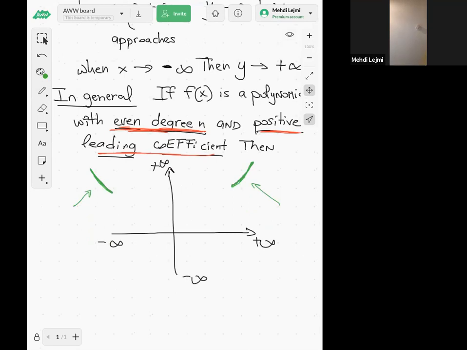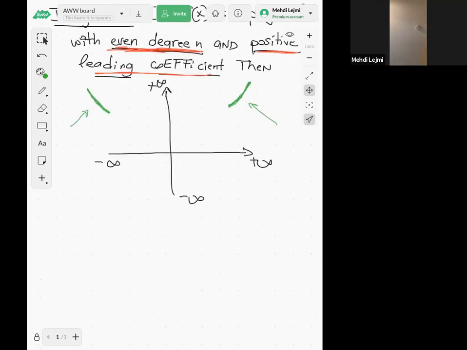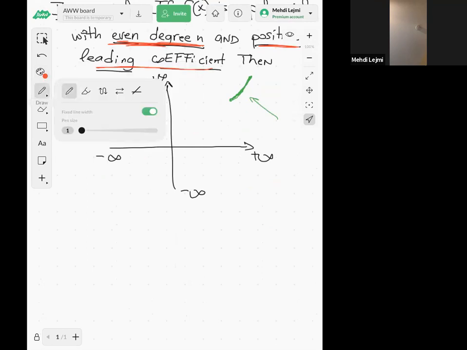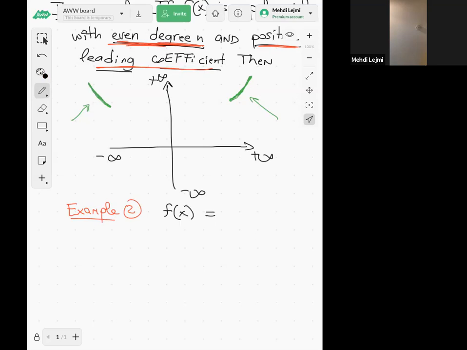So now what about even degree and negative leading coefficient? For example, that will be our example number 2. Let's say now f of x is equal to negative x squared. Of course, this is a quadratic function.